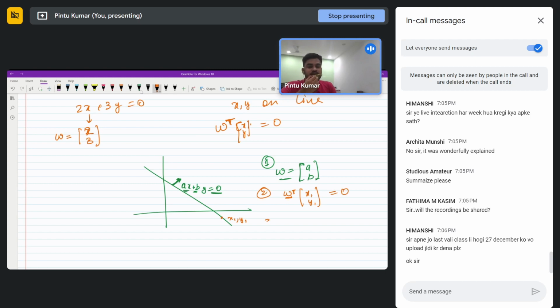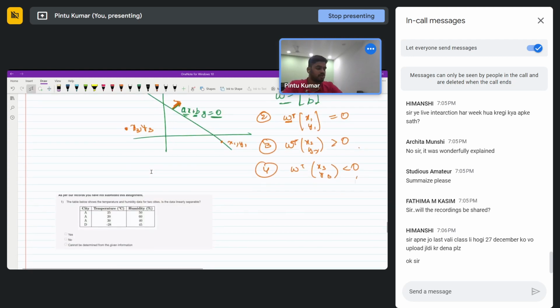The third thing is that if I have a point x2 comma y2 in the half that is pointing towards this vector w, then w transpose x2 comma y2 is strictly greater than 0. Fourth, if there is a point x3 comma y3 in the other half, then this is strictly less than 0. This is the geometry of a line in 2D.